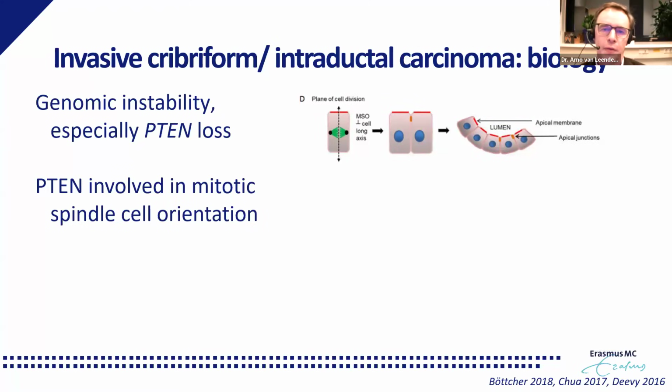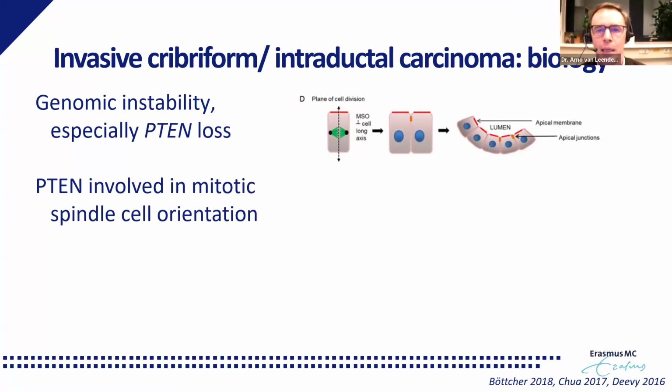And they found some very interesting things linking genomic alterations to cribriform patterns. So we know that patients with cribriform pattern, either IDC or invasive carcinoma, have more genomic alterations and, most strongly, more loss of PTEN.